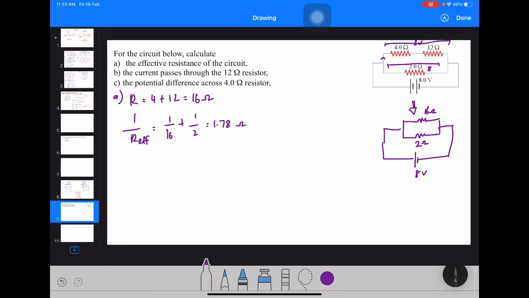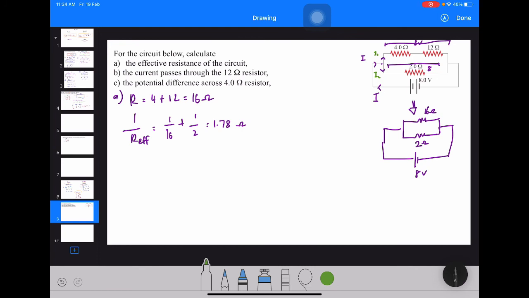Here, the I will flow in this direction. This is the I of the circuit. When it meets a junction here, the I will split into two. It will be I1 and I2. Let's say I want to find my I1, alternative to the previous method.